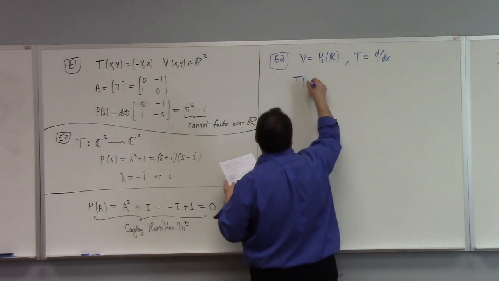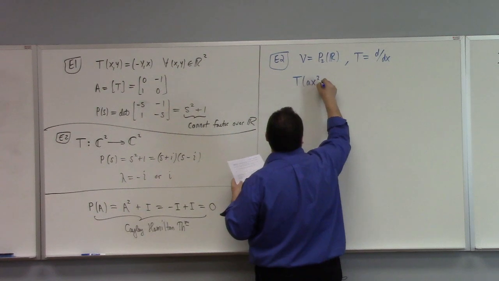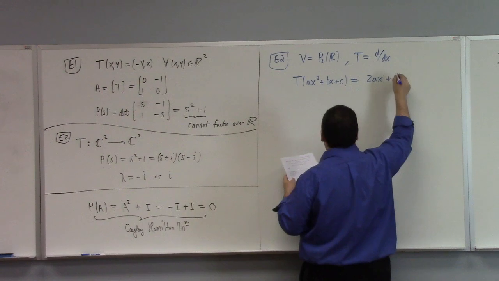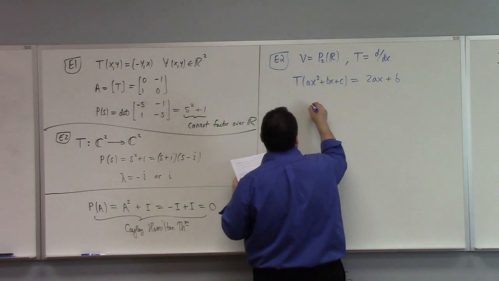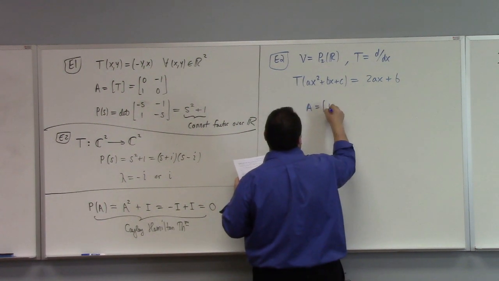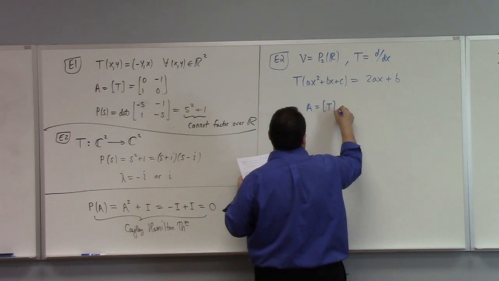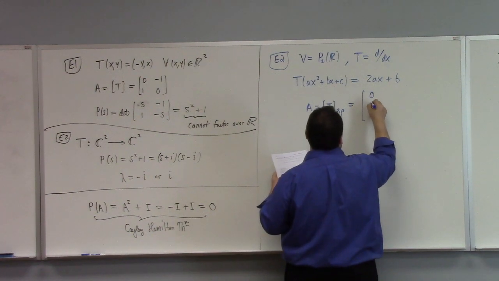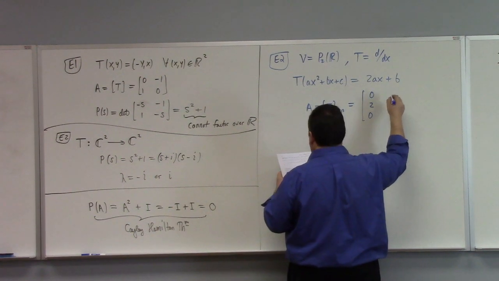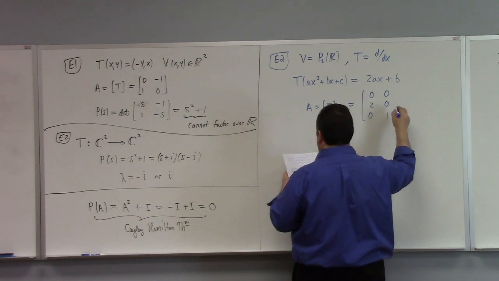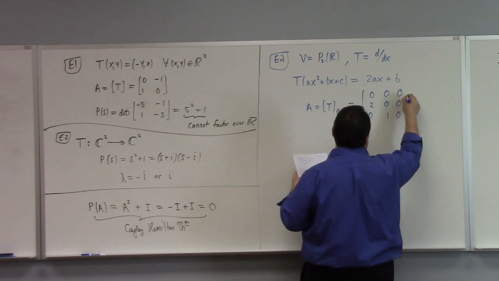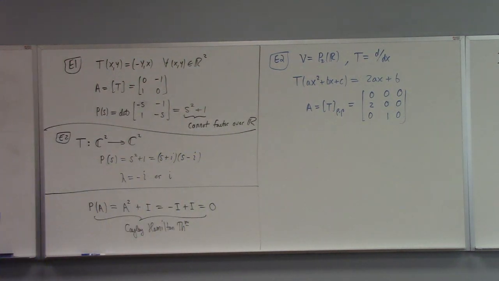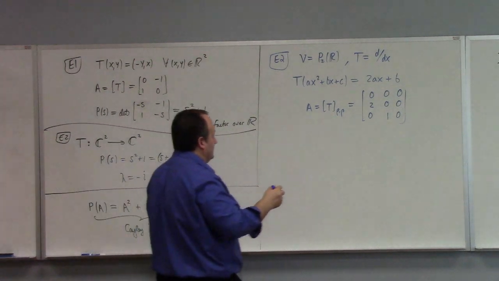If we look at T of ax squared plus bx plus c, we get, of course, 2ax plus b, which means that with respect to the usual monomial basis, I get 0, 2, 0, 0, 0, 1, 0, 0, 0, if I'm using basis beta x squared, x, 1. So the decreasing monomial basis here.